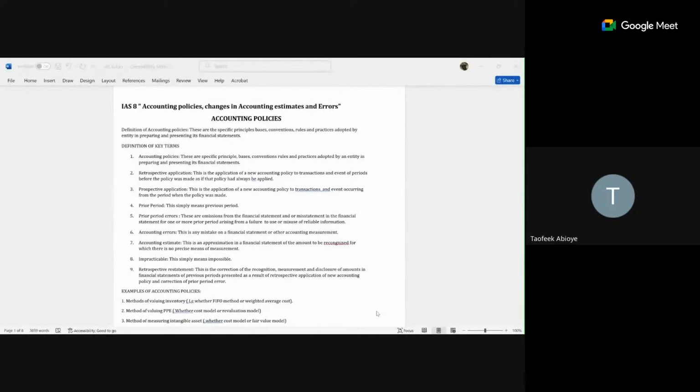And the purpose of adopting a particular policy should not be the decision of the management of the organization to pick the most advantageous policy that is going to make the financial statements look more enticing to the general public.